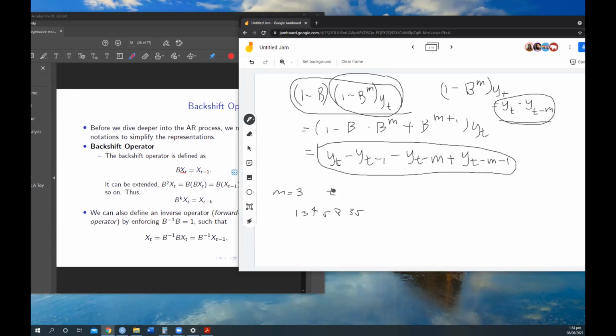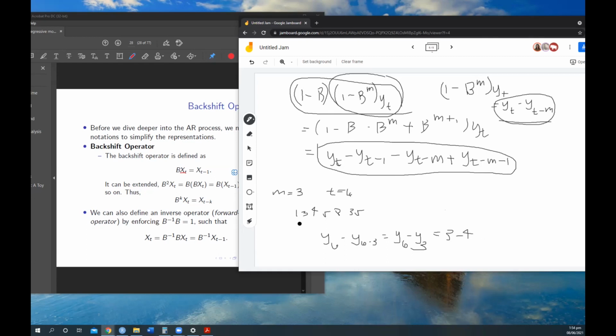So our T is 6. So we have Y6 minus Y6 minus 3, or Y6 minus Y3. Or 1, 2, 3, 4, 5, 6, 3 minus 4.